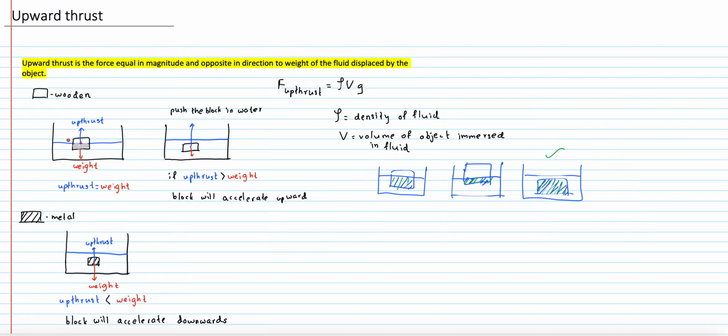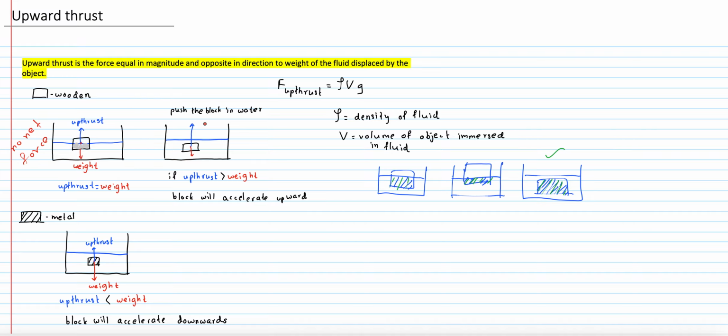And then there's the gravity acting on this wooden block, and this one is going downwards. In the first one, the F thrust is equal to the weight, so there is no net force acting on this wooden block. That's why this block will remain to float at this level.